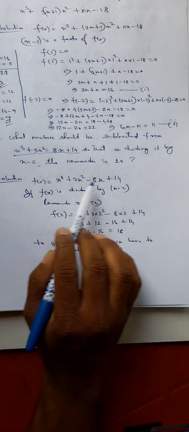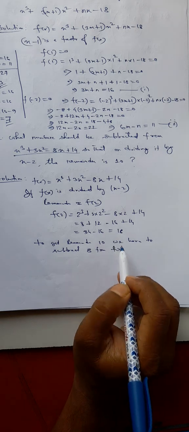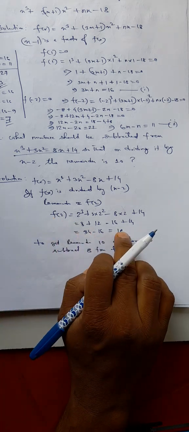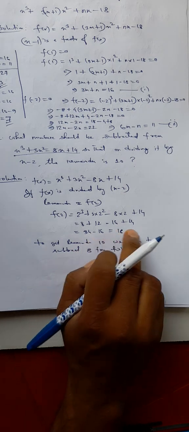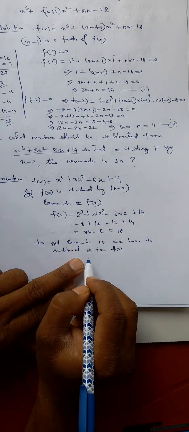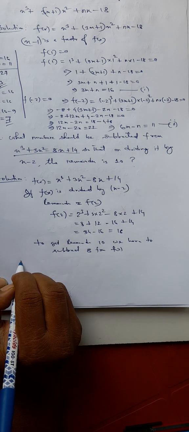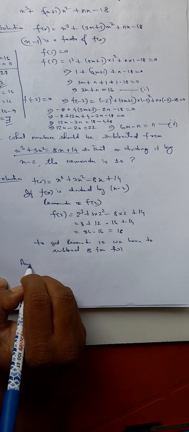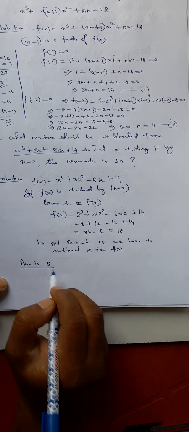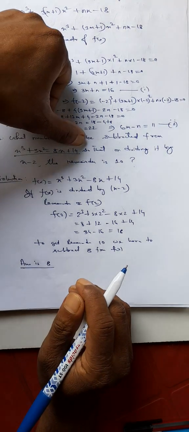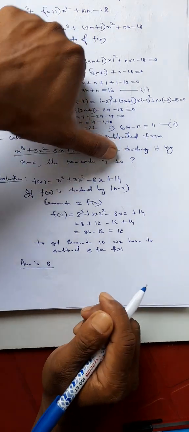When we divide this polynomial by x minus 2, the remainder is 18. Now to get remainder 10, we have to subtract 8 from 18. That means we have to subtract 8 from f of 2. So the answer is 8. Means if you subtract 8 from this polynomial, in that case remainder will be 10.